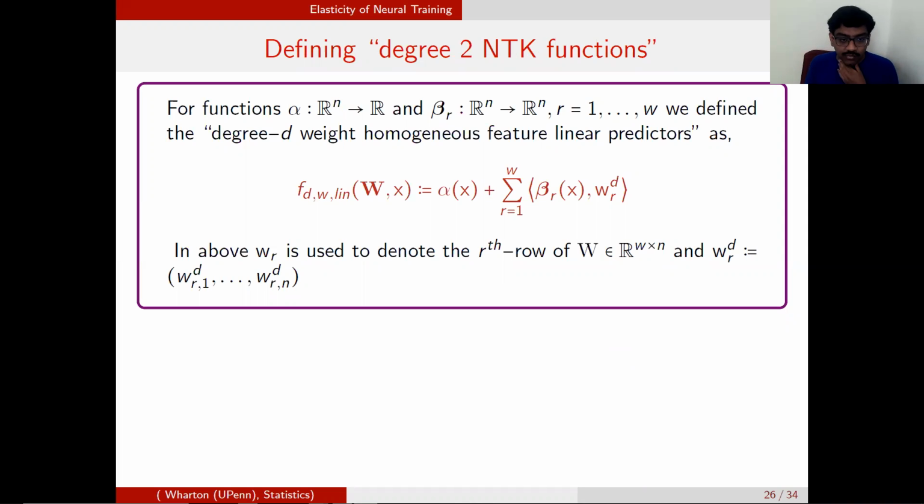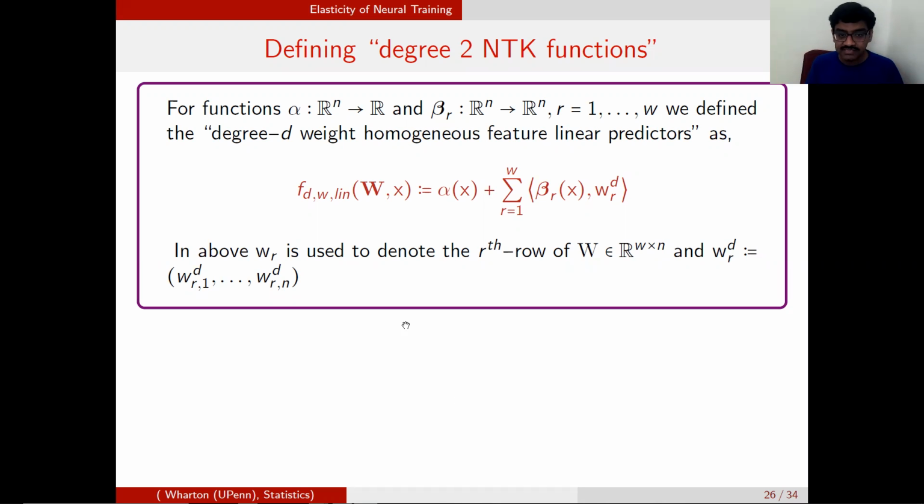So what you see on the screen is basically a sum of alpha x, which is some function, plus a sum over inner products, where betas are like feature vectors. And the inner product of beta_r(x) with w_r to the power of d. So the w_r's are vectors, which are the parameters I'm training over. So there are w such w_r vectors. And w_r to the power of d means Hadamard power: the w_r vector taken to the dth Hadamard power, and inner product with the feature vector beta_r(x).